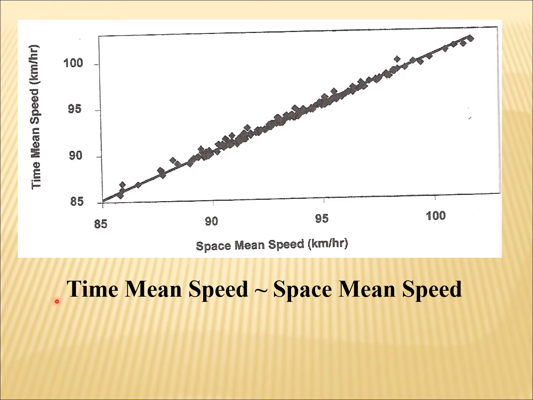So look at this one, time mean speed versus space mean speed. Here we have the time mean speed in kilometers per hour, and here the space mean speed in kilometers per hour. You can see that the trend line is this one. So we have a direct relationship between the time mean speed and the space mean speed.